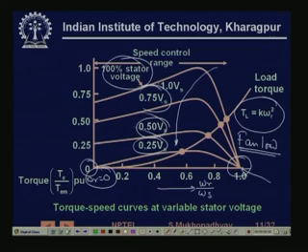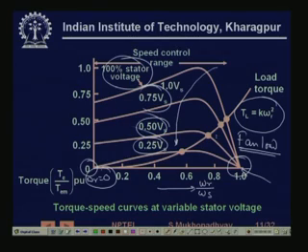Then we can see that this is a very simple kind of control. It is rather easy to control the amplitude of an AC wave, and therefore it is very simply achieved. Frequency is left unchanged, and for this kind of load you can get a pretty good speed range. For example, you can make it vary perhaps between 50% to nearly 100%, 90% variation of speed is possible for this kind of load.